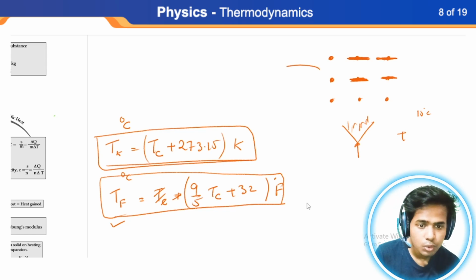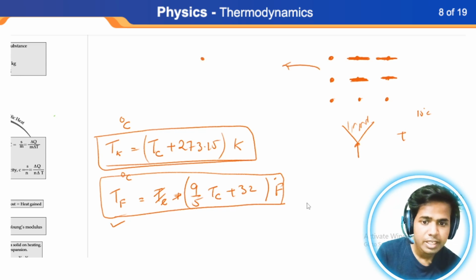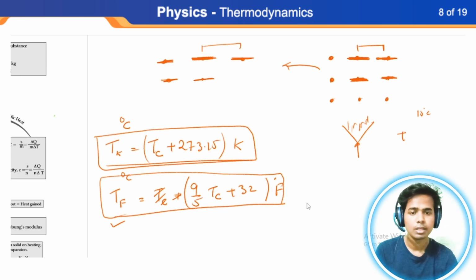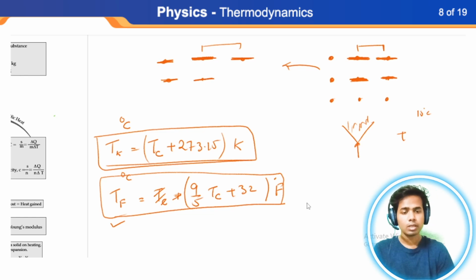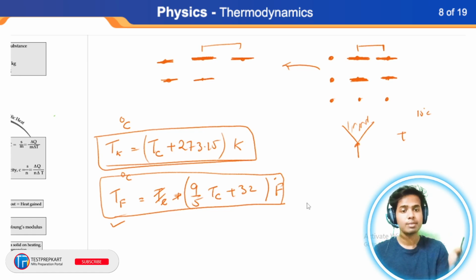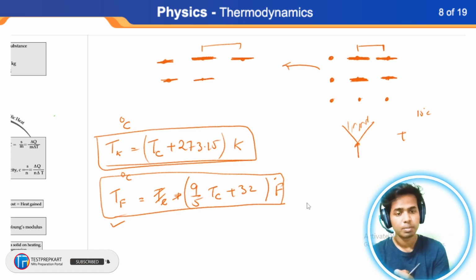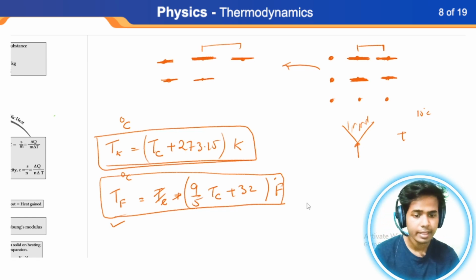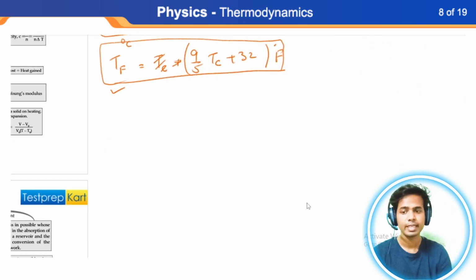This will result in each particle needing more space for higher degree of vibrations, as a result of which the intermolecular distances have increased. What this means is the distance between two atoms has increased, and subsequently all the atoms in the particular material will expand, leading to length expansion, area expansion, and volume expansion as well.